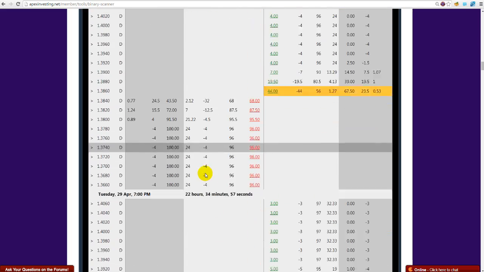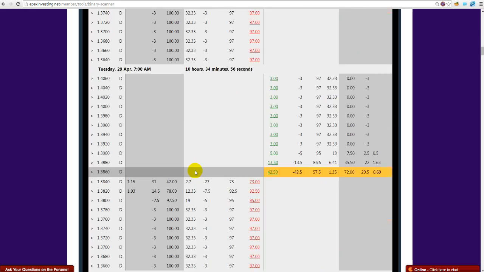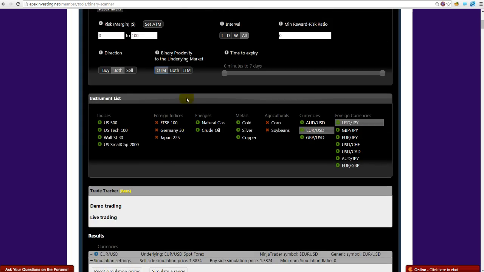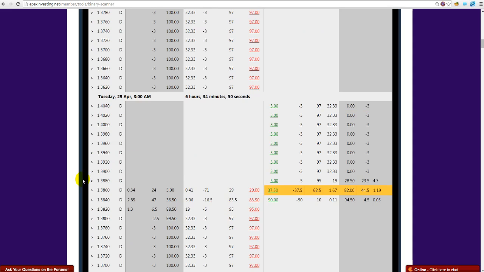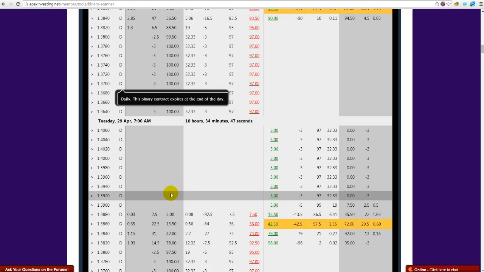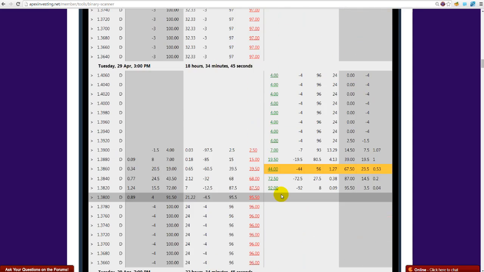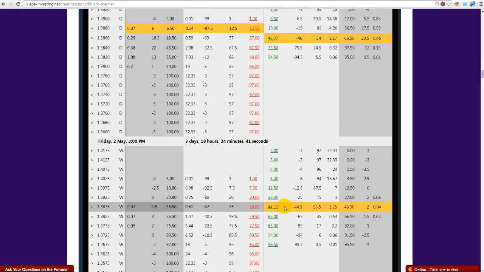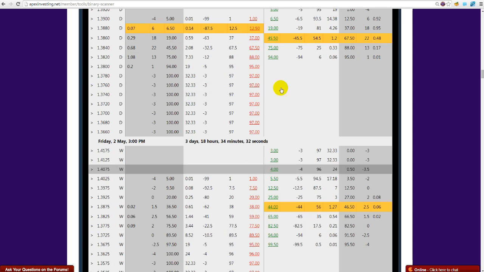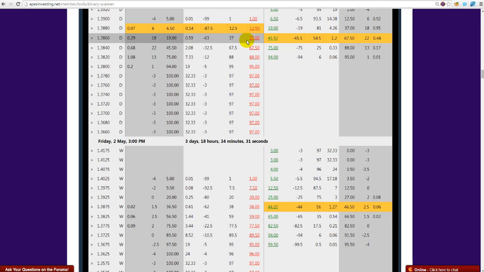If we go down and we look at this, let me do in the money and out of the money. And we look at this weekly contract way down here. 44.50, 38, 36. They're giving you a little bit better.